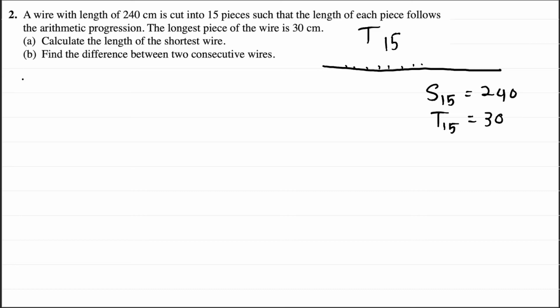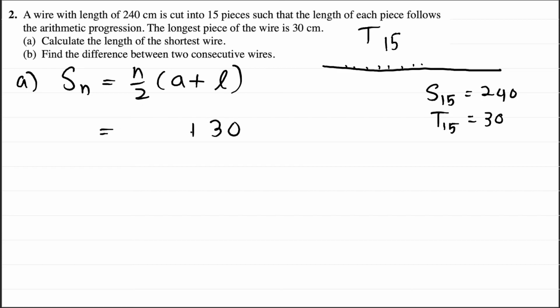Alright. So calculate the length of the shortest wire. Maksudnya dekat sini kita nak cari dia punya a. So we can use the formula Sn sama juga dengan n over 2 (a + l) lah, last term. Because we know that our last term is 30. Okay, then this is a, maknanya shortest tu yang mula-mula lah.